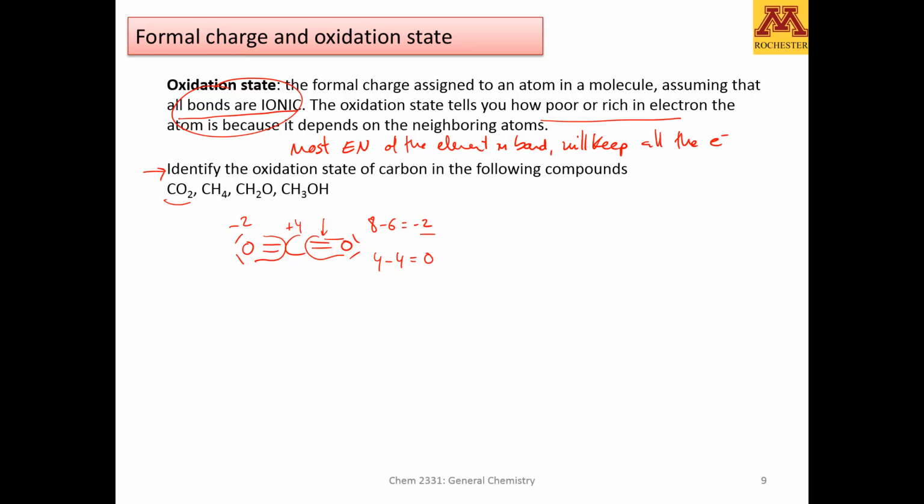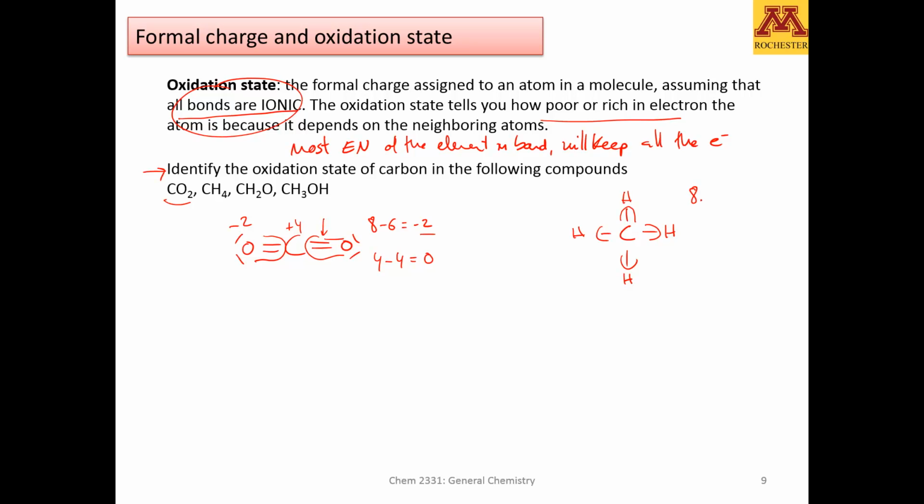Let's see for methane, carbon and 4 hydrogens. In this case, carbon is more electronegative than hydrogen, so carbon keeps this pair, this pair, this pair, this pair. How many pairs does carbon have? It has 4 pairs, so it has 8 electrons.